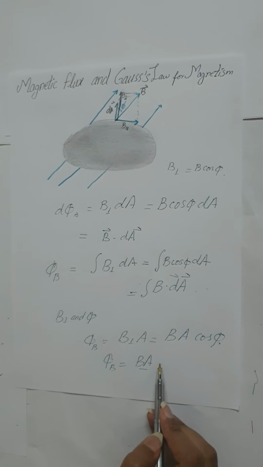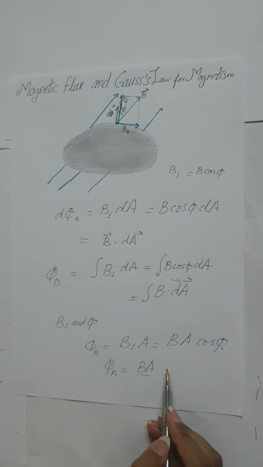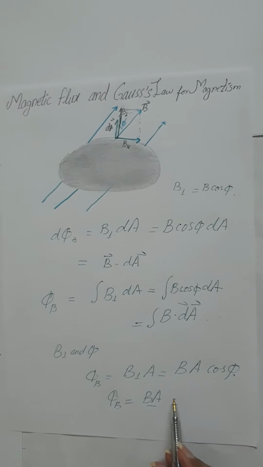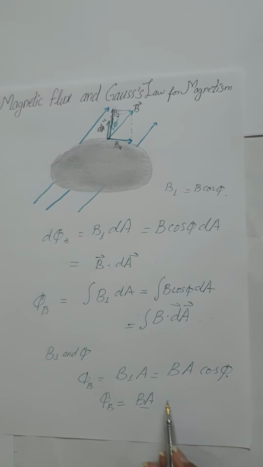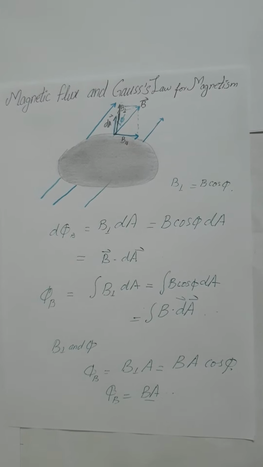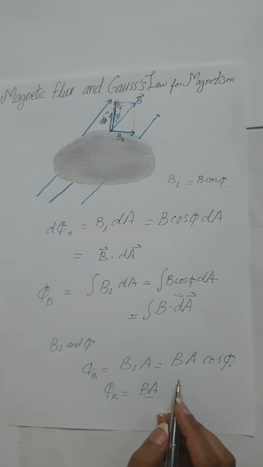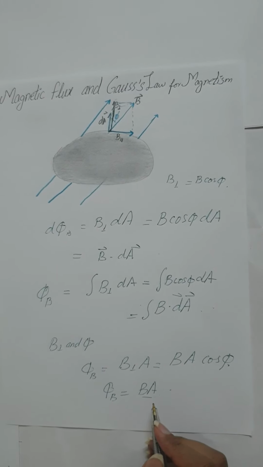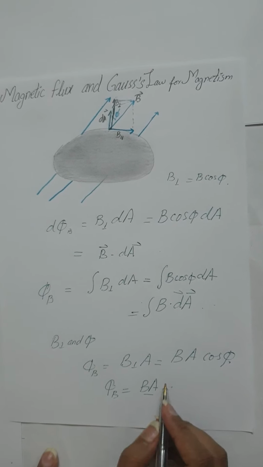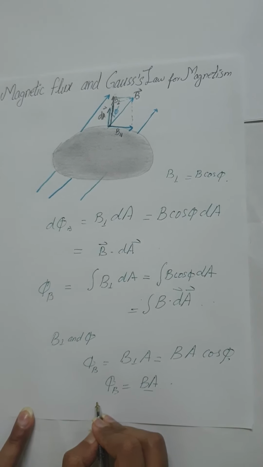This concept of magnetic flux is very useful in magnetism, and in the next chapters we are going to study this magnetic flux extensively, especially in our study of electromagnetic induction. The unit of magnetic flux is equal to the unit of magnetic field times the unit of area, and it is called the Weber.